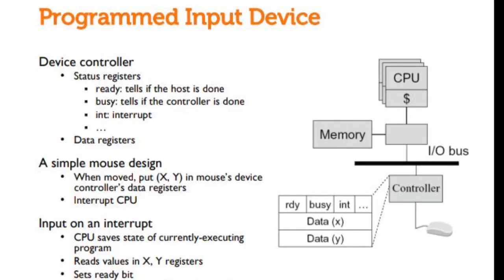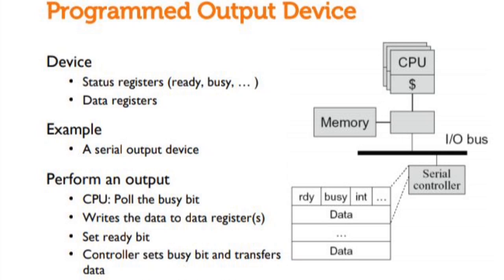As you can see, for the programmed input devices, there is the device controller, a simple mouse design, and the input on an interrupt. And this one is the CPU, memory, I/O bus, and the controller. And for the output programmed devices, these are the examples. For devices, there are the status registers and the data registers.